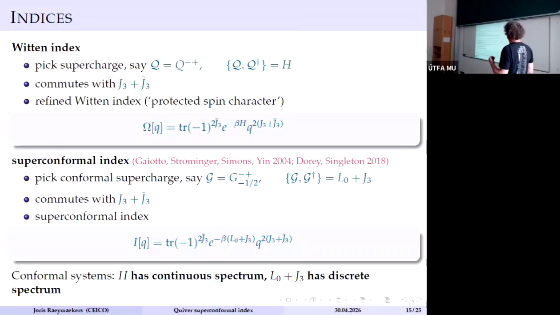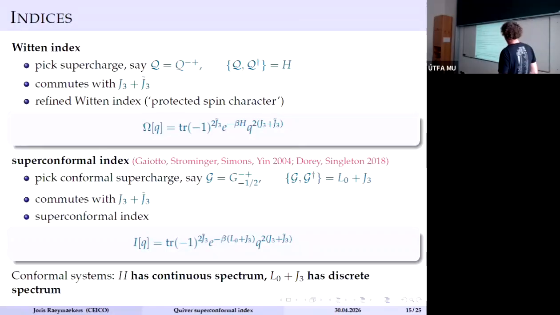For every state, you get another state by acting with Q, with the same energy and opposite fermion number, and you can write the standard Witten index. You can do a bit more because this charge commutes with the total Z component of, let's say, the diagonal SU(2). That means you can keep track of that quantum number by writing a refined Witten index of this form.